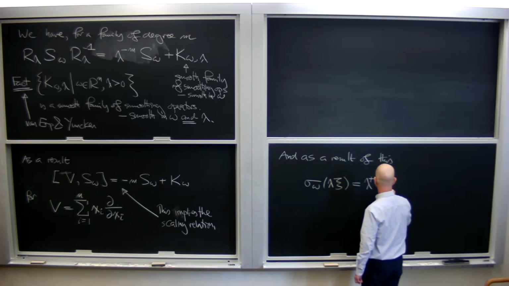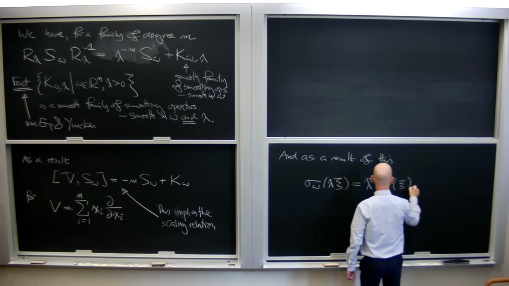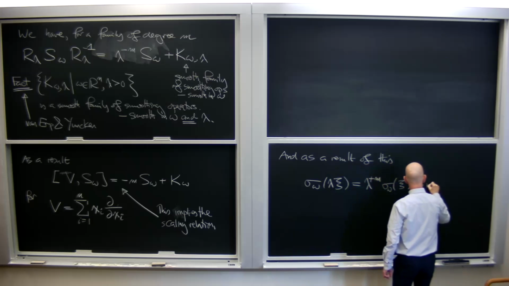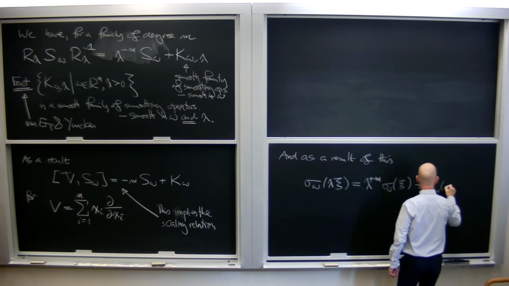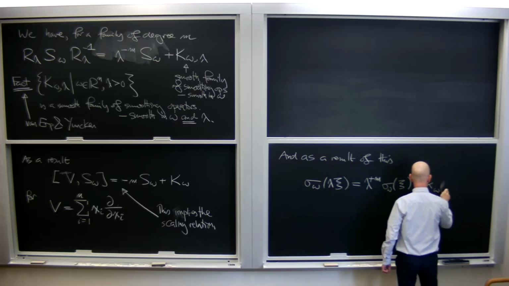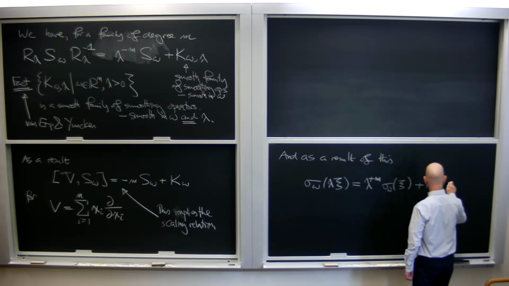There's a small change in sign like this. I guess I should call this omega. And then there's some little thing, maybe we'll call it kappa of omega, lambda of omega.